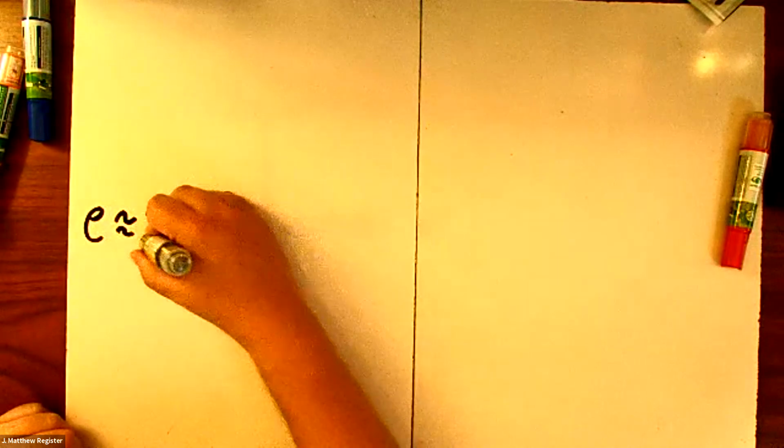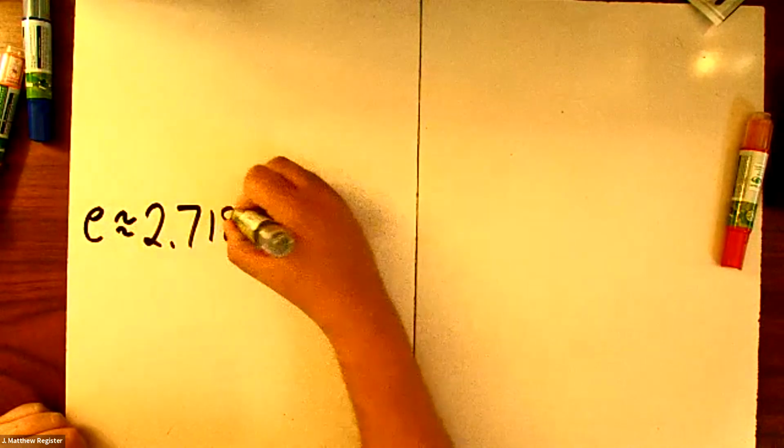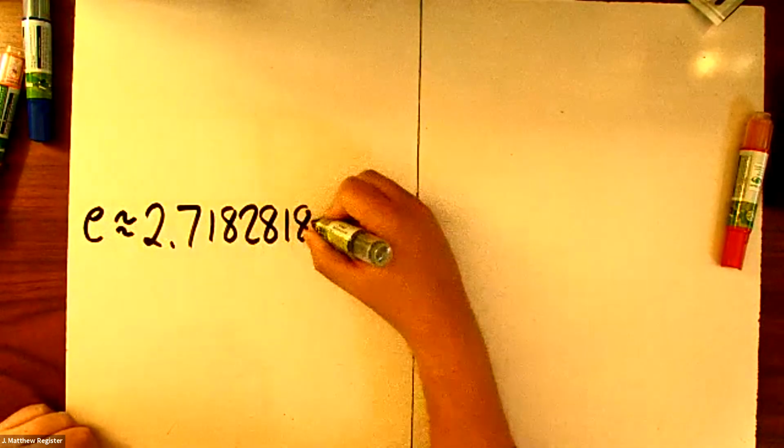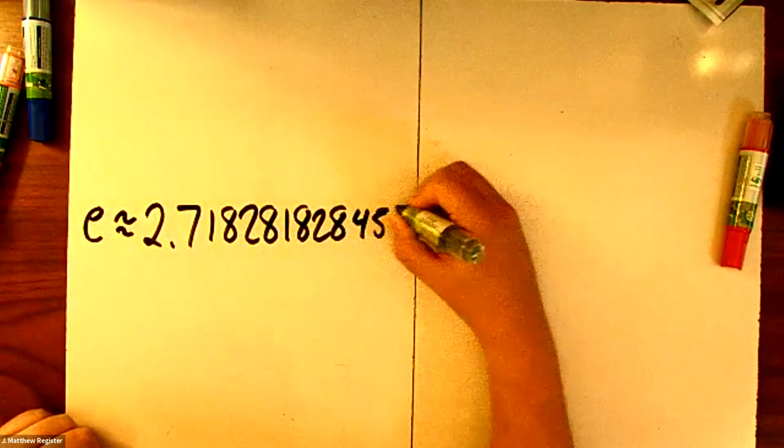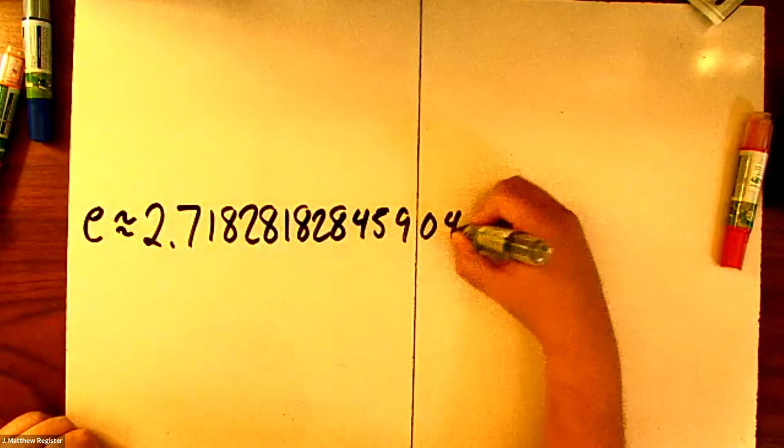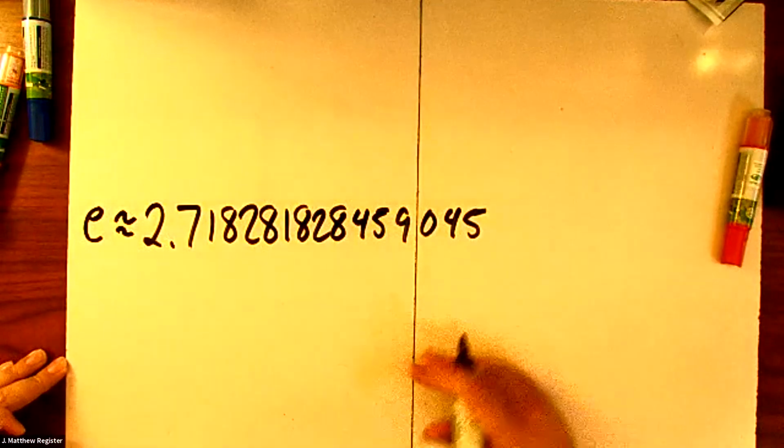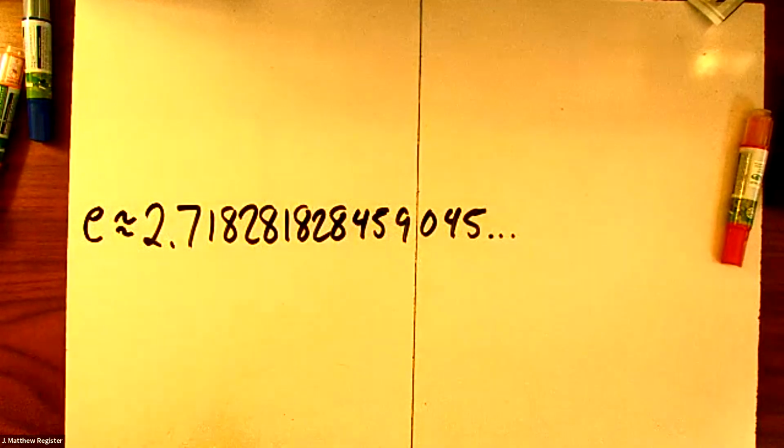But it's good to actually know what the approximation is for e. E is roughly 2.7182818459045. And that's about how far I know that number.